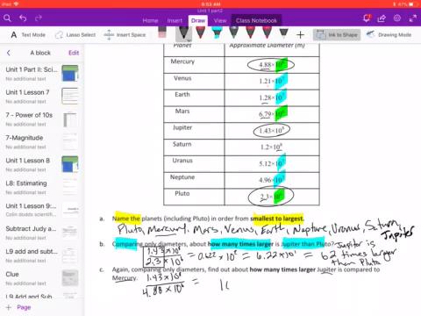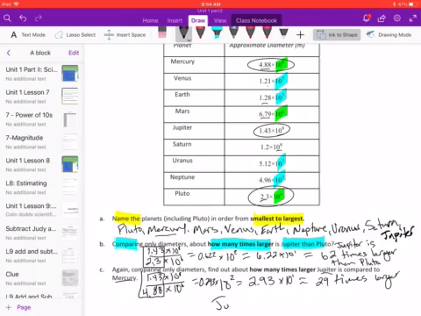Again, I subtract exponents, so I get 10 to the 2nd power. I divide lead factors, and that is about 0.293, I think. 0.293 times 10 to the 2nd power. I change that to scientific notation, which is 2.93 times 10 to the 1st, which is about 29 times larger.